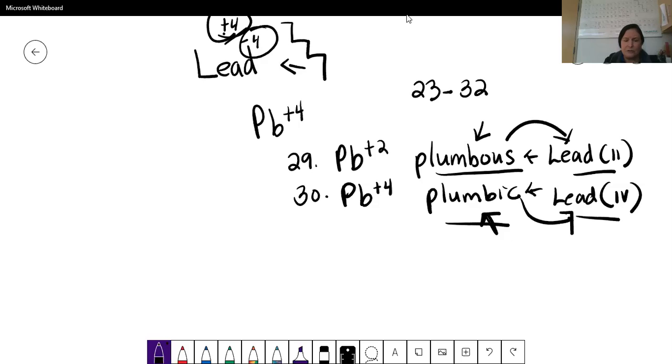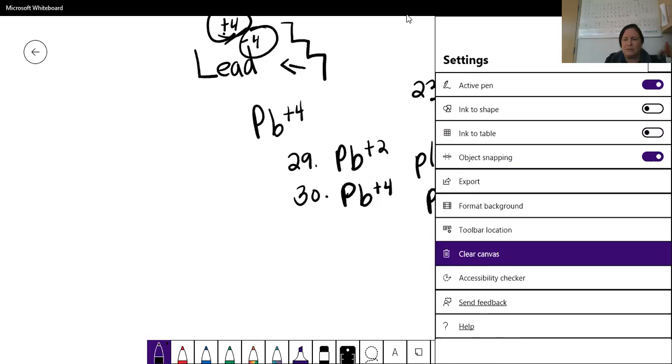Again, like I've told you, there are other naming systems out there that we don't use here. However, I want you to know how they relate to the stock system that we use. So I do keep them on the back of the table, just as a reference.